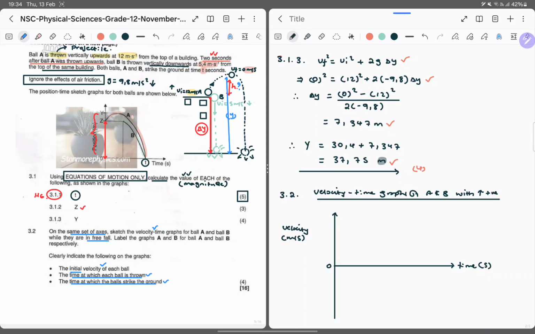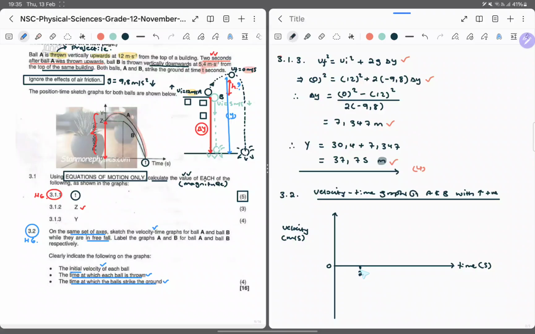So now here comes the trouble. Remember, these questions, they look easy, but guys, these are also higher order questions. You suffer if you're not very careful here. You need to think about what is going on constructively. First of all, there's that time lag of 2 seconds. So let's say that 2 seconds is here. Okay, great. And then what else do we know?